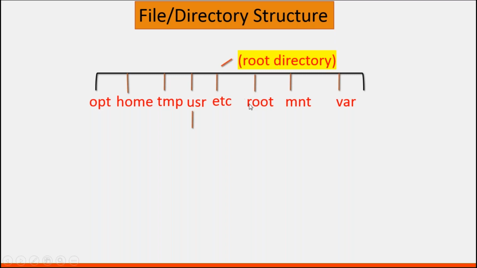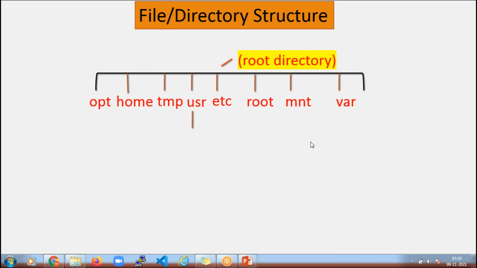Root is the name of that directory. So the root directory and the root directory under slash, both we should not be confused about. The slash is also called the root directory. Under the root directory there is one more directory called root. That's how it is.